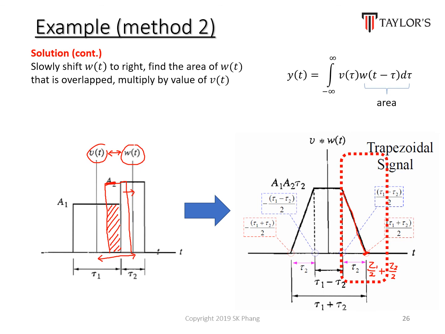And therefore, anything after this line will always be 0, because no matter how much you slide to the right, there's no more area that is included by both the regions. And this is finally your final result, where you can draw it out. It's like a trapezium.